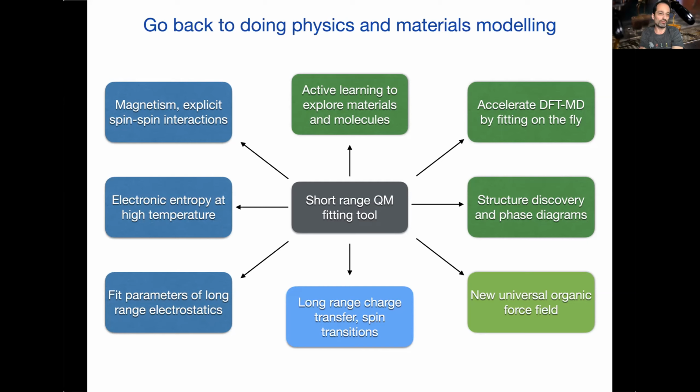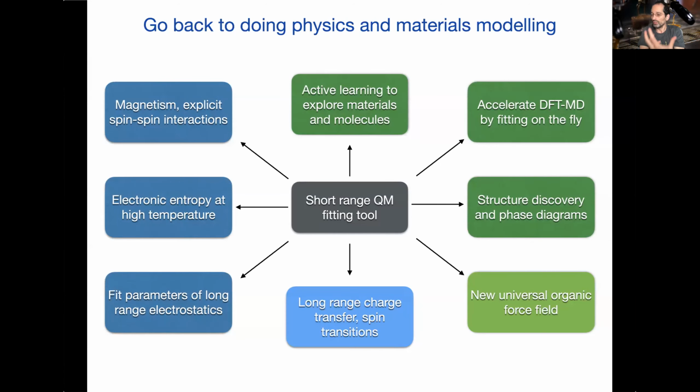Now, you see some classical potentials for iron without magnetism, and that's okay as long as you're not interested in changes in magnetism. We have a machine learned potential for ferromagnetic iron, because that allows you to do some mechanics, firmly staying on the ferromagnetic potential energy surface.